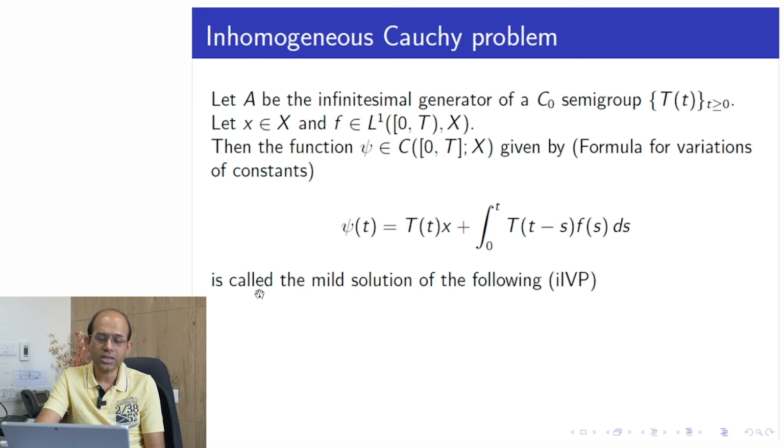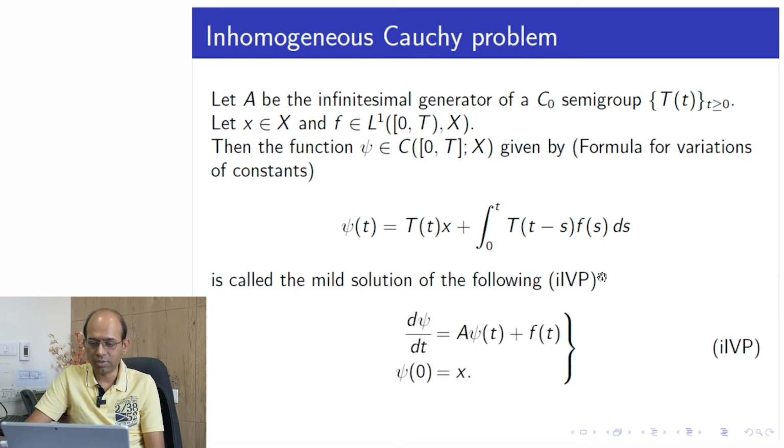This psi is called the mild solution of the IIVP, which I have written again here: d psi dt is equal to A psi t plus f(t), psi 0 is equal to x. So this function is a continuous function. Why is it so? Because T(t) x is continuous in time t, that we have seen in the beginning of the topic of semigroups.